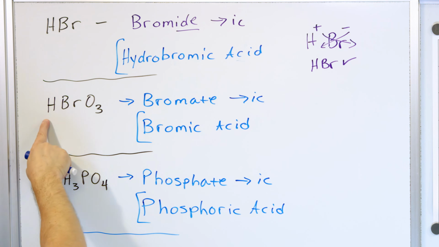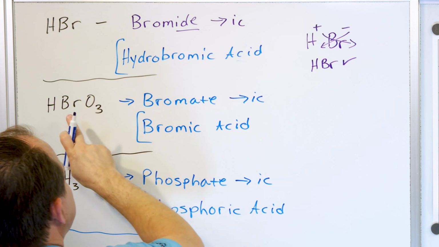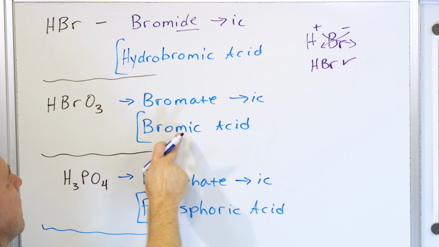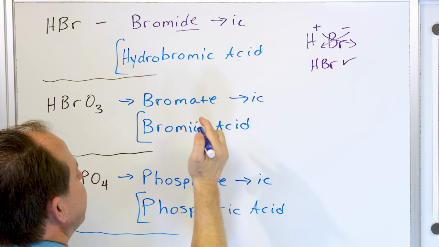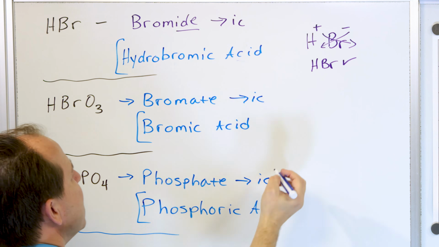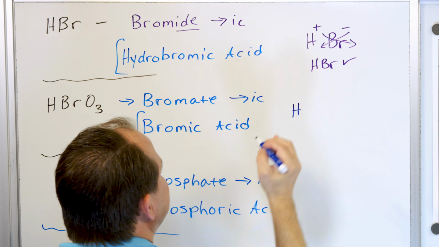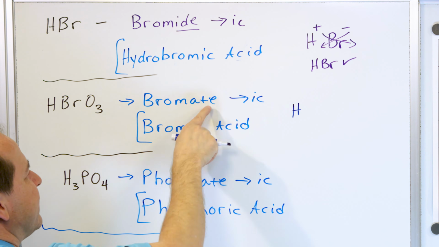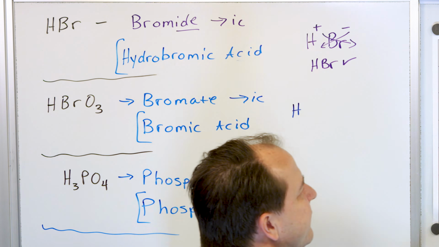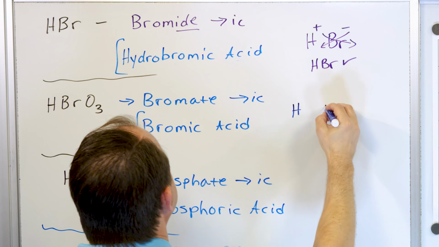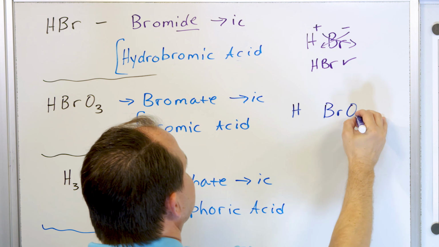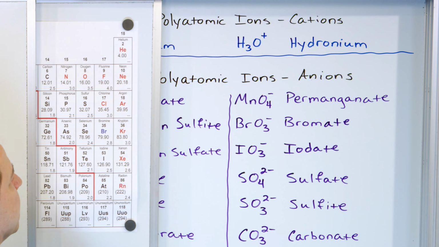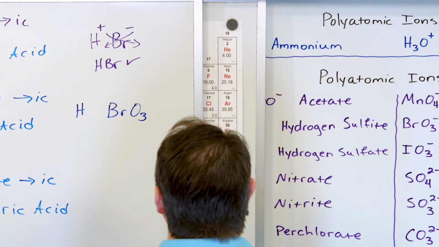Now, what about this one, HBrO3? So if I give you bromic acid, you can say, well, bromic corresponds to bromate, because ic turns into ATE, right? So you've got to have a hydrogen in there somewhere, and the bromic is going to turn into a bromate. So bromate, you can go look over there and recognize that it's BrO3, and you'll have to look at your table of polyatomic ions to know that it has an overall -1 charge.